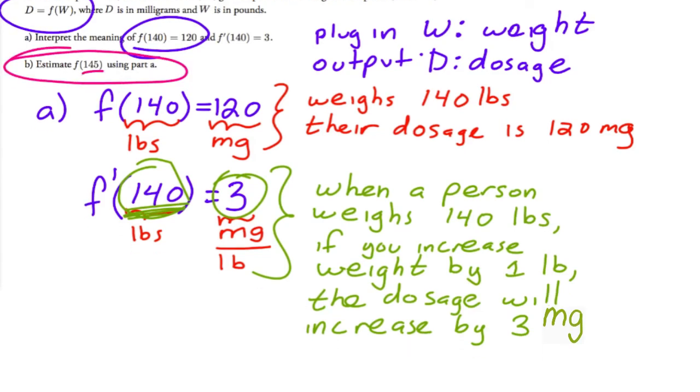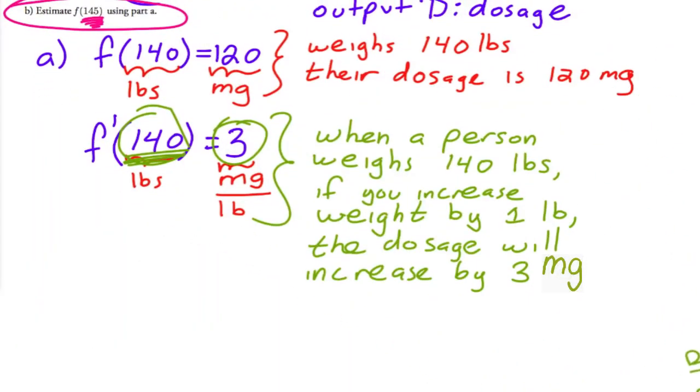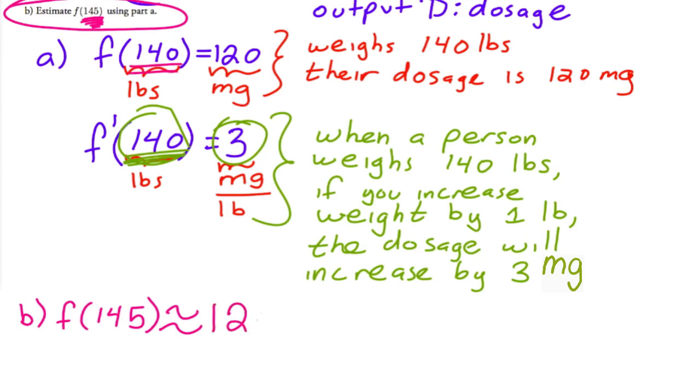This is asking us for the dosage for a person with 145 pounds. And again, this is an estimate. So if we want to estimate the dosage at 145 pounds, we take the dosage for 140 pounds, which is 120. And then right here we have the estimate that at exactly 140, the dosage is increasing at a rate of 3 milligrams per pound.